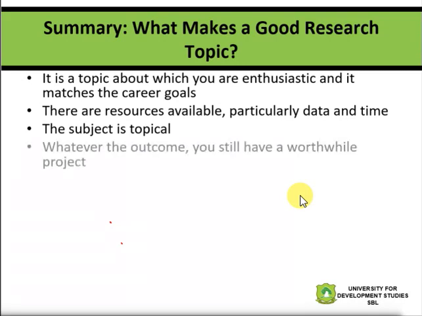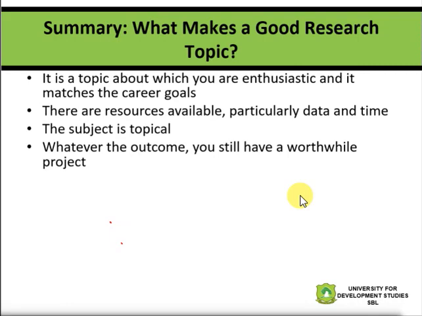Whatever the outcome with this degree, will the topic be worthwhile pursuing? I think it should be, because even after the degree, your project work or term paper is going to be one of the things you would always beat your chest about and say, I researched into so and so area and this was what I found.